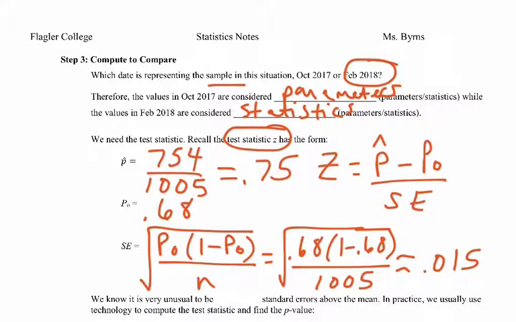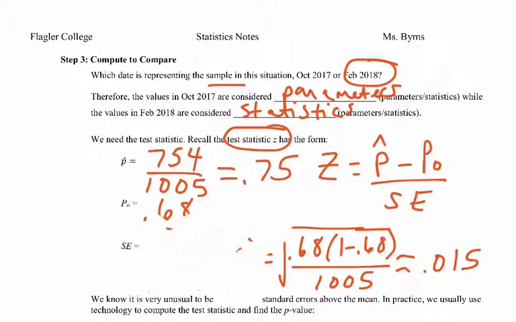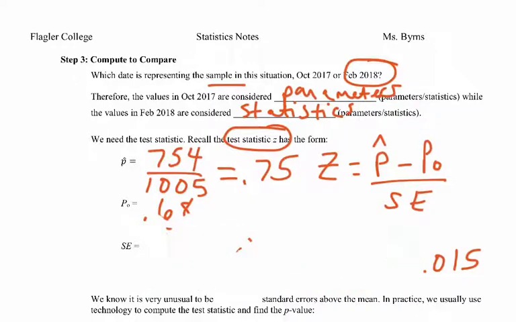So if we put this information together, we can calculate our test statistic that goes with this particular sample. Let me make a little bit of room here. I'm going to erase this, but I'm going to leave my standard error, that 0.015, so I can refer back to it. And my p naught, remember, was 0.68, and my p hat was 0.75.